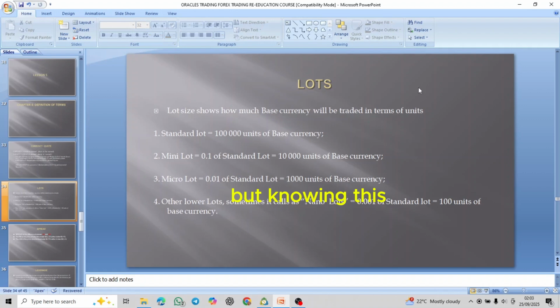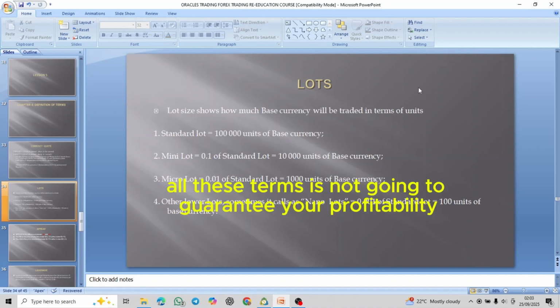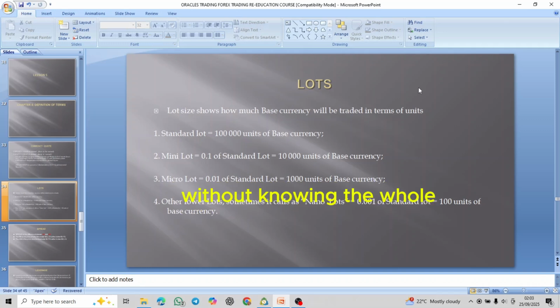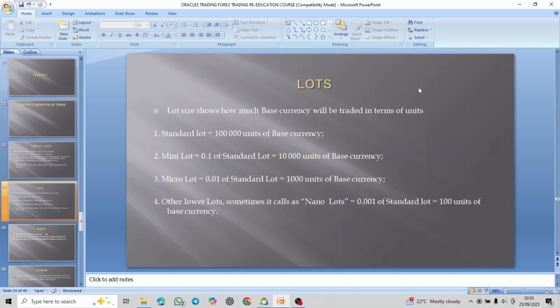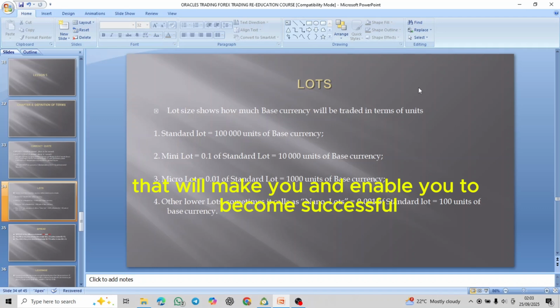But knowing all these terms is not going to guarantee your profitability without knowing the whole. It is knowing the whole that will enable you to become successful.